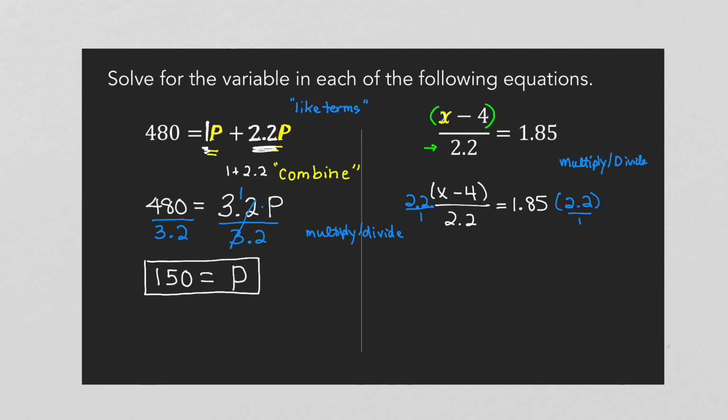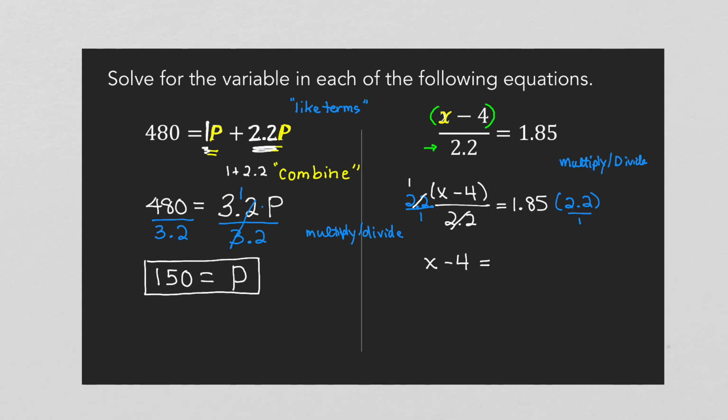What does that do on the left? Well, that allows us to cancel because 2.2 divided by 2.2, or 2.2 over 2.2, is just 1, and 1 times x minus 4 is just x minus 4. So the left side just becomes x minus 4.